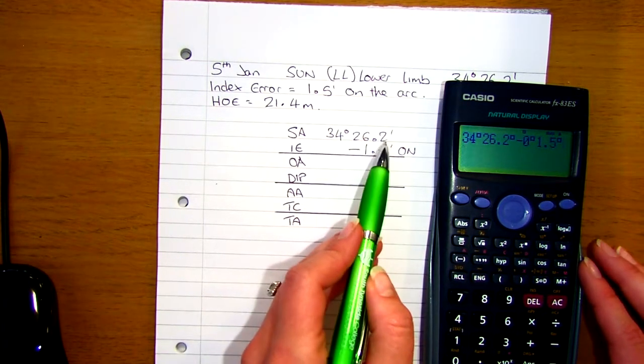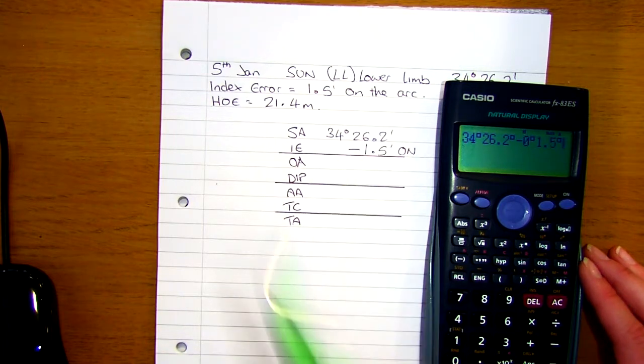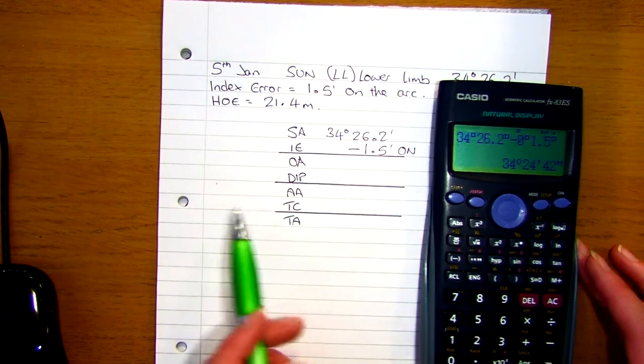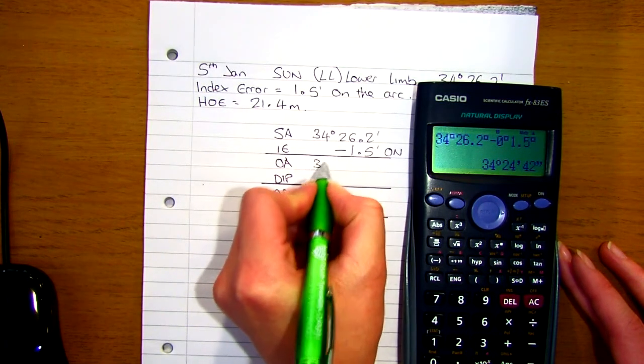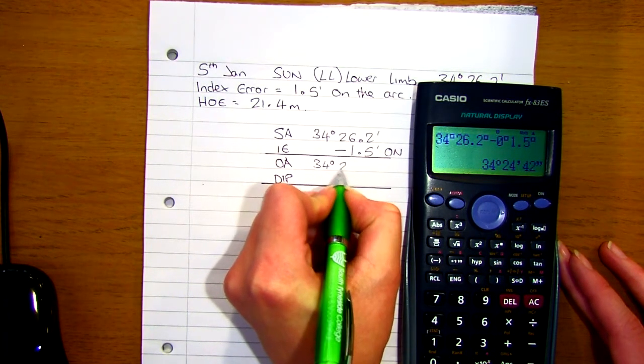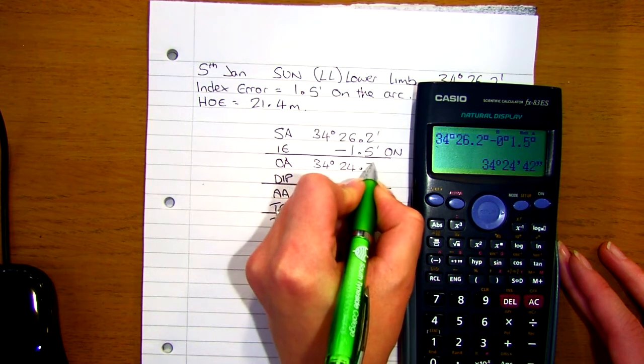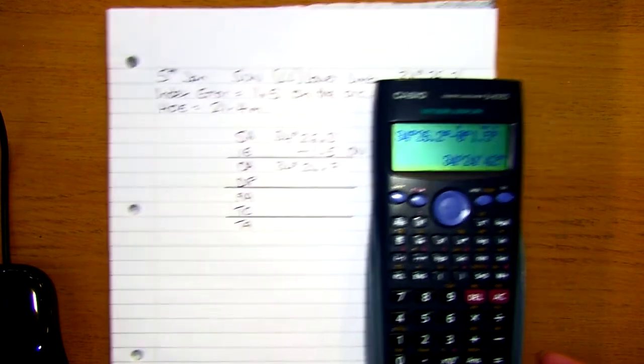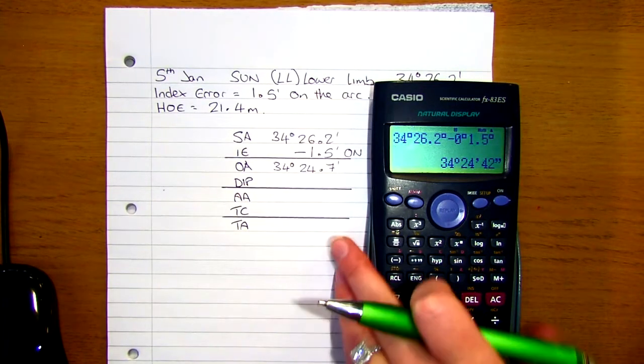So 34, 26.2 minus our 0 degrees, 1.5 minutes, to get observed altitude of 34 degrees, 24.7 minutes. To that we can now apply a height of eye correction known as dip.